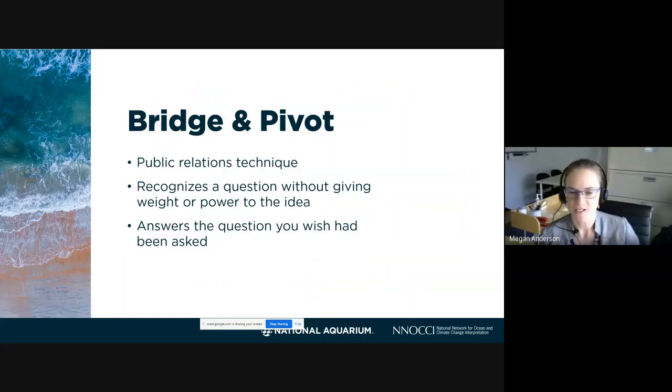Bridge and pivot is a technique that a lot of people use, and you might use this already, but it's a technique that really helps you get out of the bad area of a conversation and into a better one.